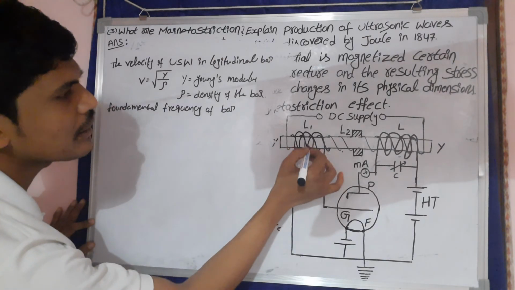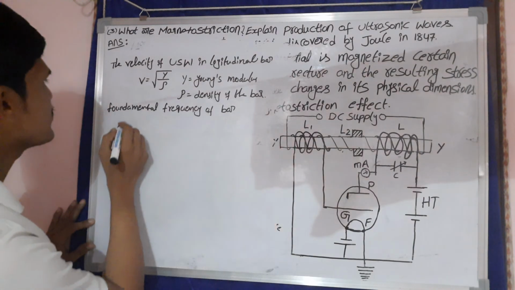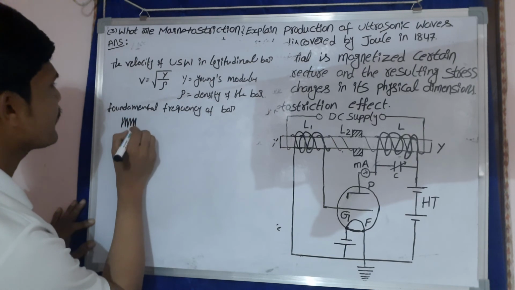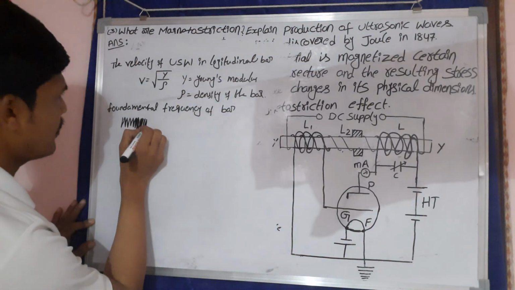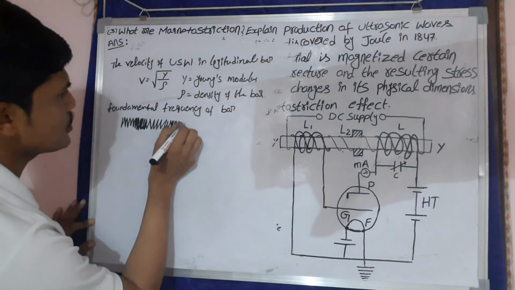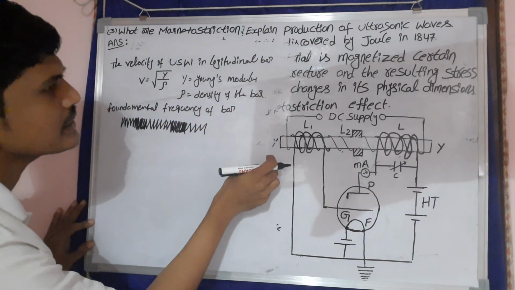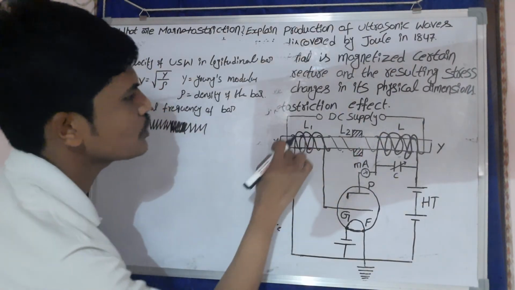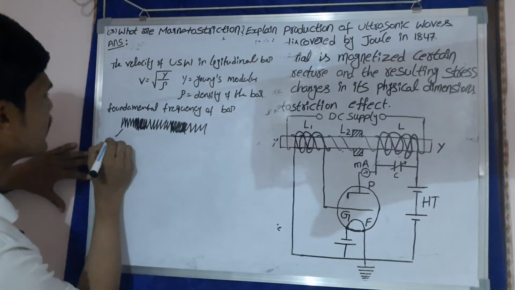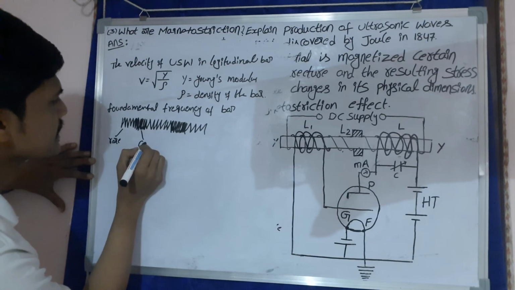The ferromagnetic material like nickel, cobalt, iron vibrates in this way, producing longitudinal waves. These are the rarefactions and these are the compressions.